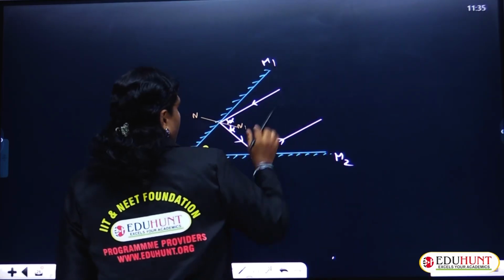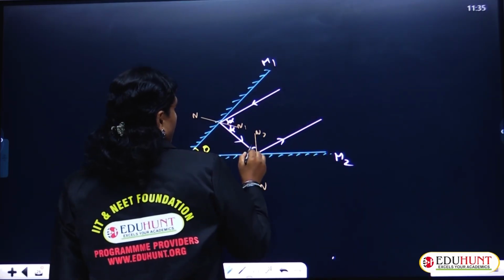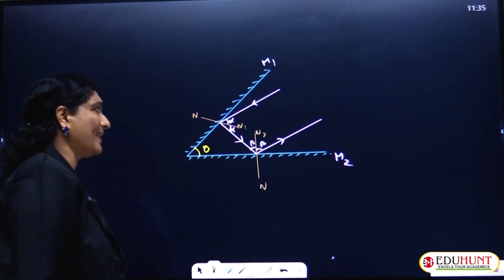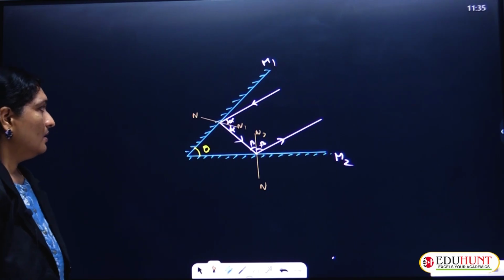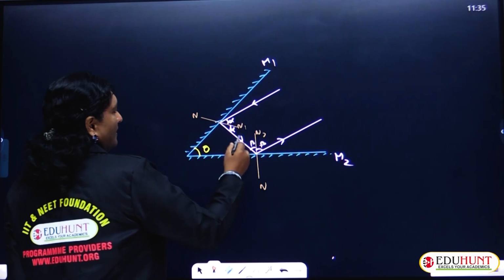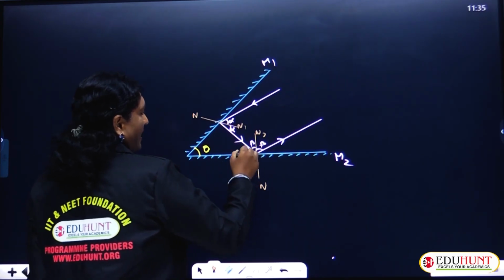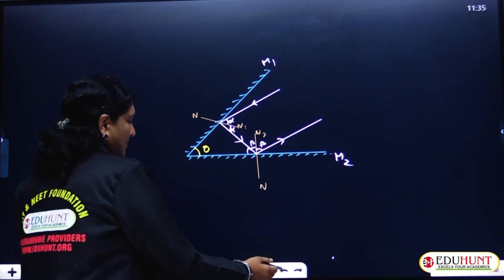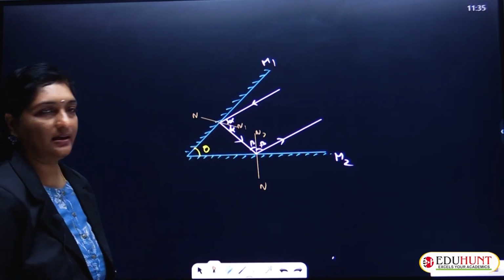So based on that, let us suppose that this is incident at some angle beta and also incident at some angle beta. If this happens to be alpha, then interior opposite angles, this will be alpha, and here also it will be alpha. So like this it is being given, children.